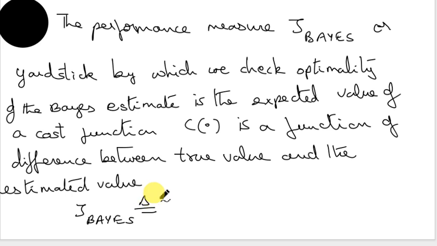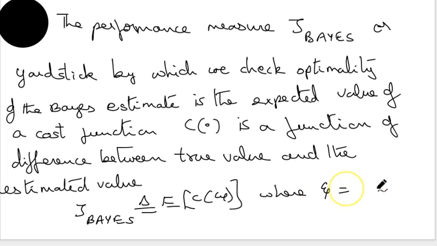You have the symbol over here, which is expectation of, that is the mean, C of epsilon, the cost function of epsilon, where this epsilon is nothing but x minus x cap, that is the difference between the true value as well as the estimated value.